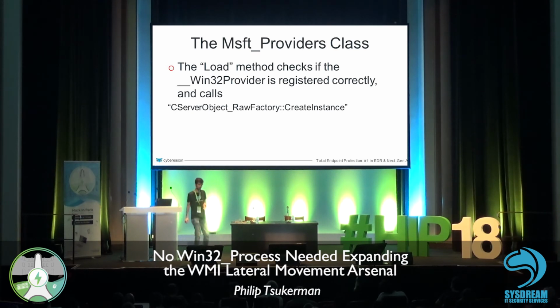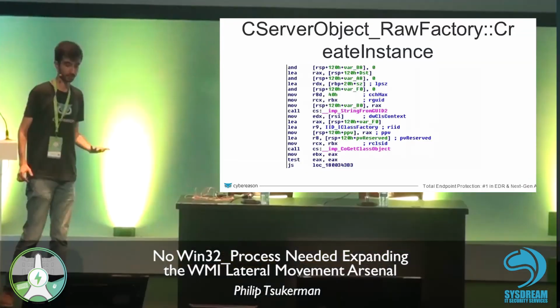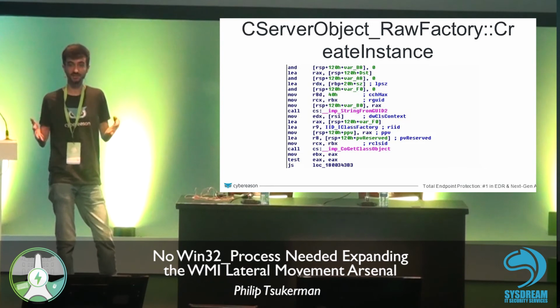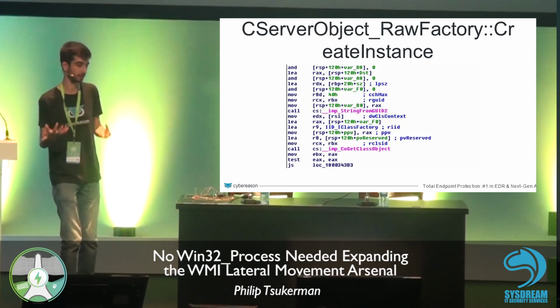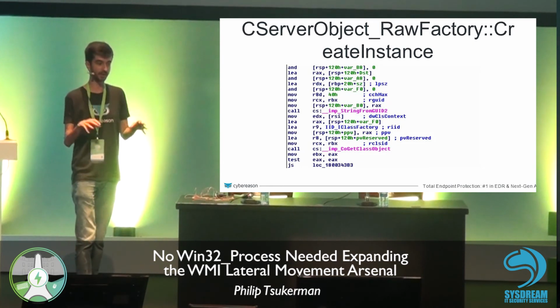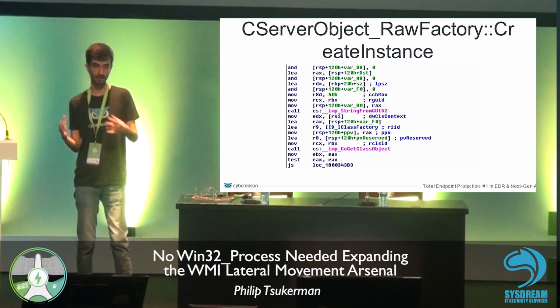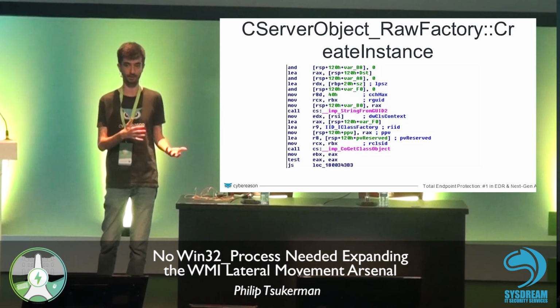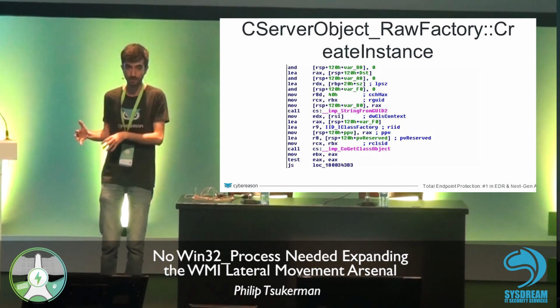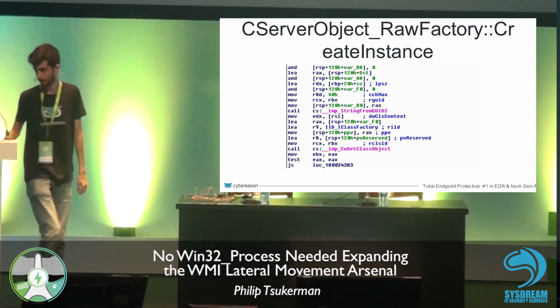So this load method internally calls the server object raw factory create instance method, which pretty much unconditionally runs this block, which creates an instance of the object denoted by our class ID. This means that the first time anything checks our WMI provider is an actual WMI provider and not just a bunch of crap is after our code is running. And if our code's running, we don't care.